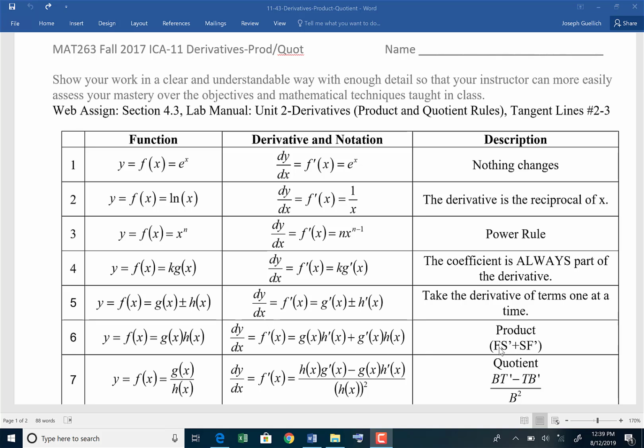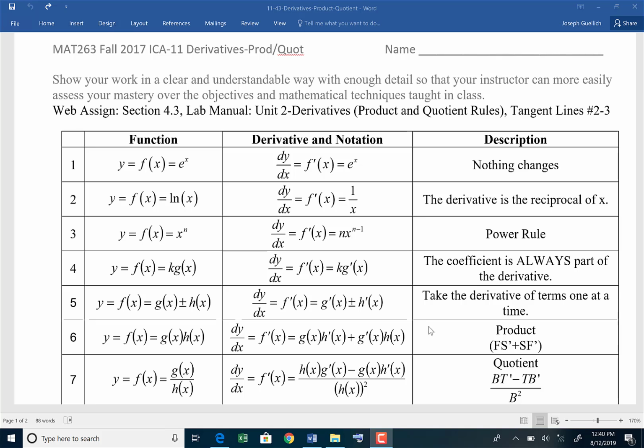The first function, the G function, stays the same in the derivative, and it gets multiplied by the derivative of the second function, in this case the derivative of H, and then we go plus, and that second function H gets written, doesn't change, and then multiplied by the derivative of the first function.